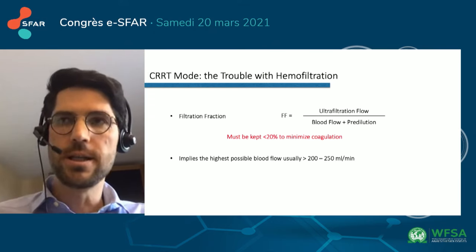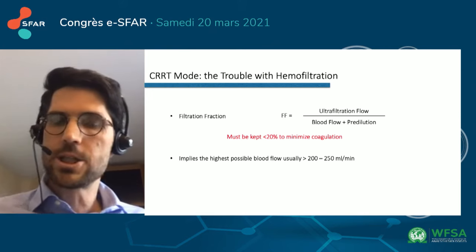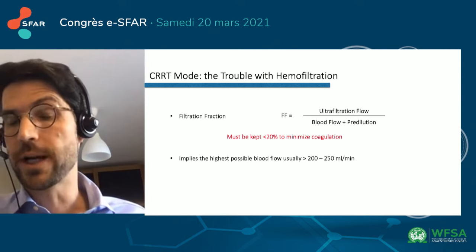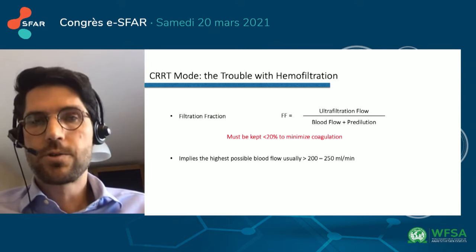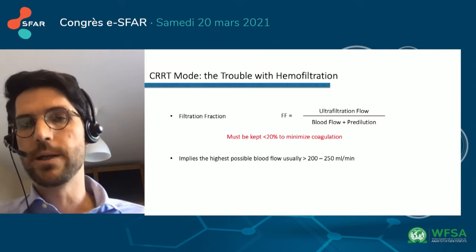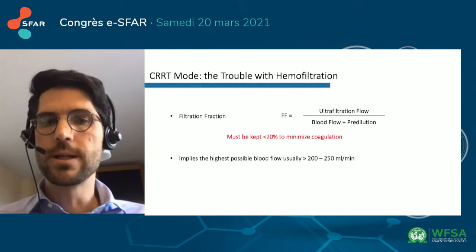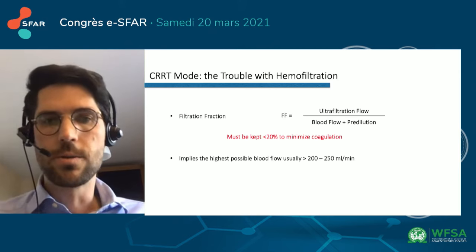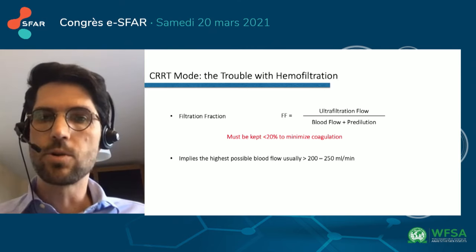But CVVH has its main issue related to filtration fraction. Of course, you're doing ultrafiltration, that means you're removing fluid, and by doing this, you are concentrating the blood. And the more you concentrate the blood, the more likely the blood is to clot.